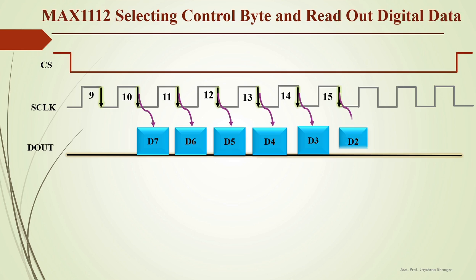At the next falling edge, the D2 bit will be read. For the 16th falling edge, the D1 bit will be read, and at the 17th falling edge, the D0 bit will be read. So in this way we can read the 8 bits of digital output data bit by bit using these serial clock pulses.